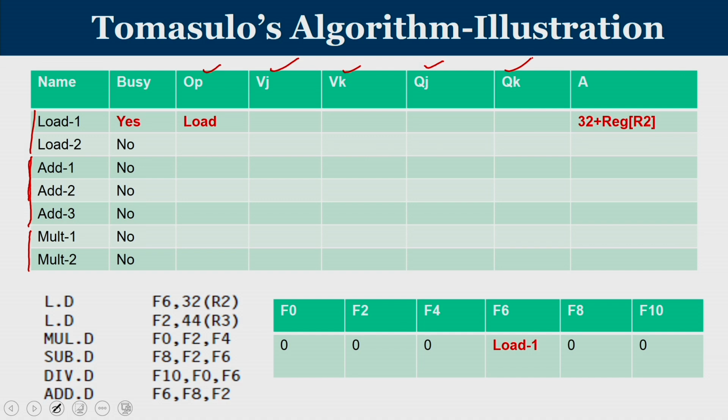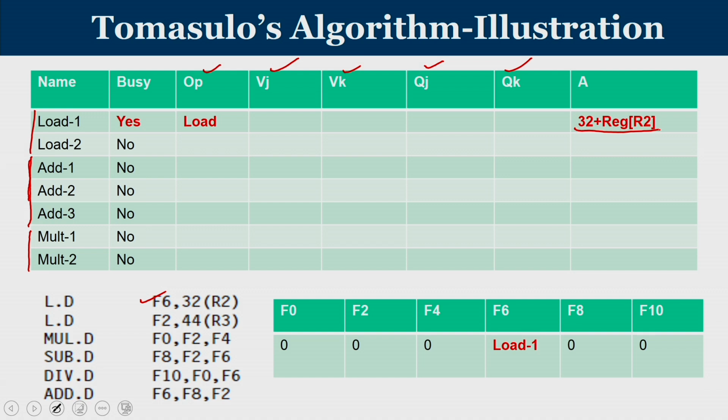So, first is a load instruction. 32 plus the register content of R2 is the address, and once you do this instruction, the result has to be stored into F6. This is the register status indicator that you see at the bottom. We are using 6 registers: F0, F2, F4, F6, F8 and F10.